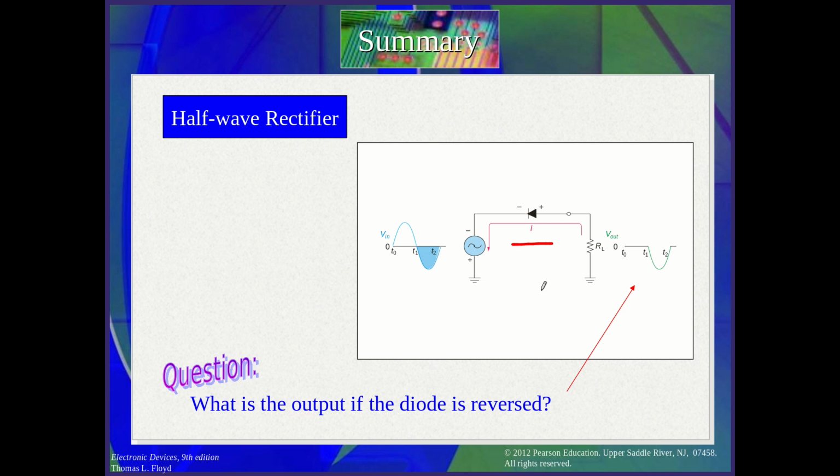In the negative side, the diode will conduct and operate, so you will see the negative side from T1 to T2. So this is the other half of the half wave rectifier. If you put it in forward bias, it will conduct the positive cycle of the V input. If you put it in reverse, it will conduct the negative cycle.